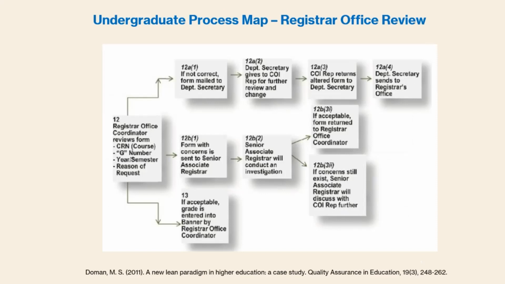And here is another example: an undergraduate process map from the registrar office. This is a process related to registrar office review, how a registrar office coordinator reviews a request from a student.